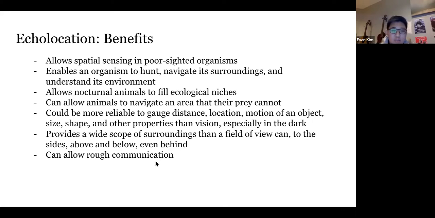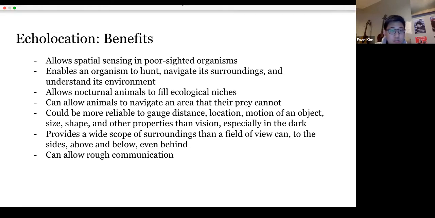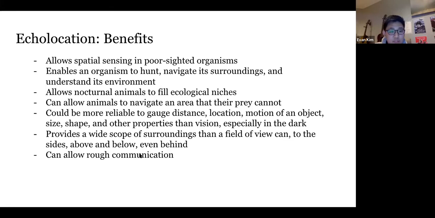Echolocation allows animals to navigate an area that their prey cannot. This sort of contradicts what I just said, but some prey can use echolocation, and so they can hear the echolocating noises made by an animal. They might not understand that they need to avoid it, though, which functionally cancels out their ability to detect the echolocation emitted by their predators.